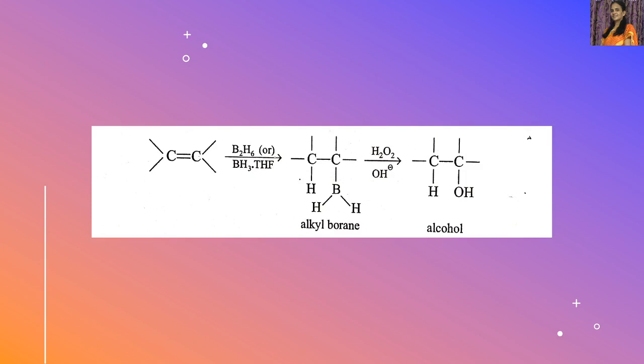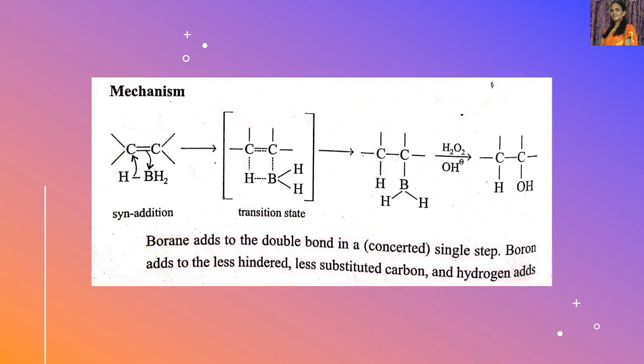Now let's see the mechanism of this reaction. This is alkene, and from BH3, H goes to one carbon and BH2 goes to another carbon. So here this is the transition state where BH3 gets added to the alkene. Then this pi bond slowly breaks and two new sigma bonds are formed, and the sigma bond between B and H also breaks.